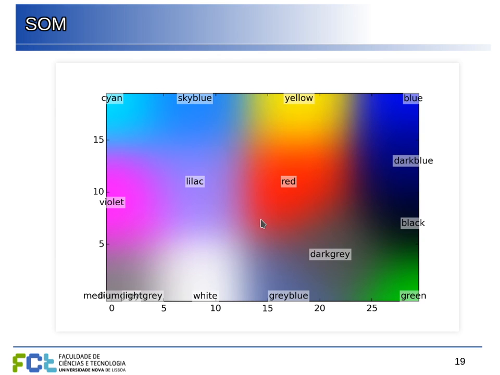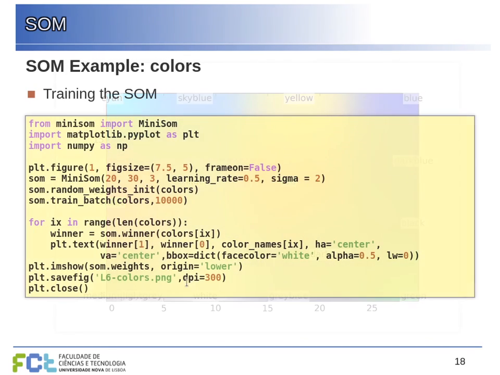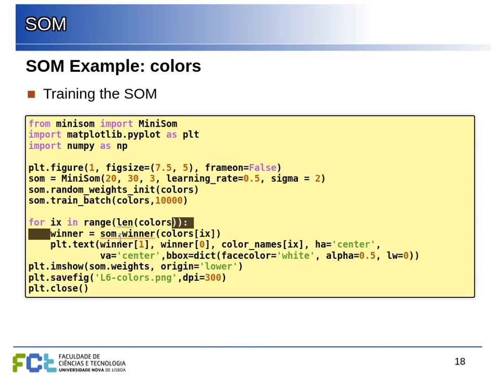So you can imagine that this is like a rubber surface that we stretch and spread out to represent this distribution of colors. Here, the names, I just put the labels by selecting from the SOM. So this winner function gives me the neuron that is most similar to the example that I present here.